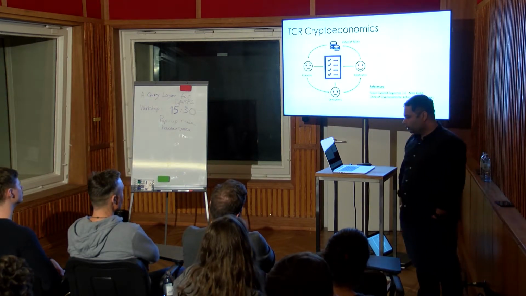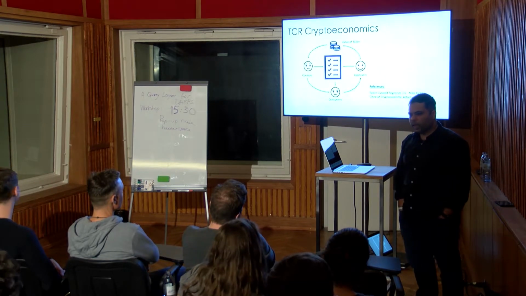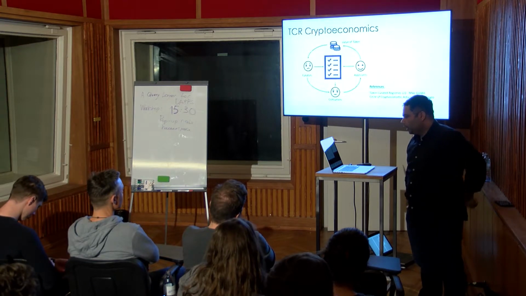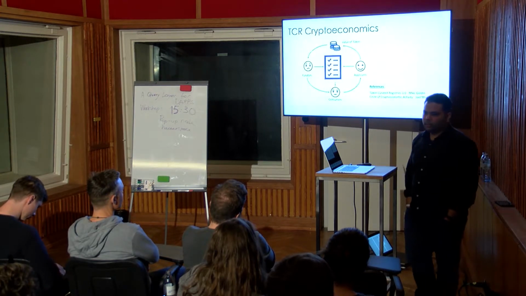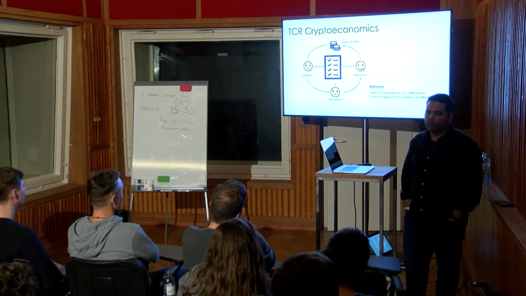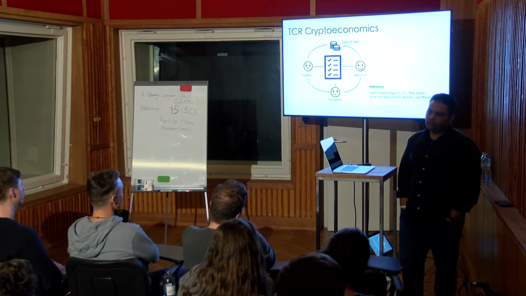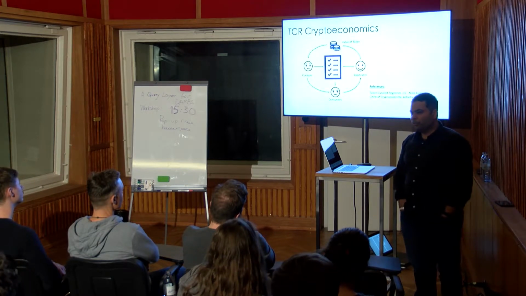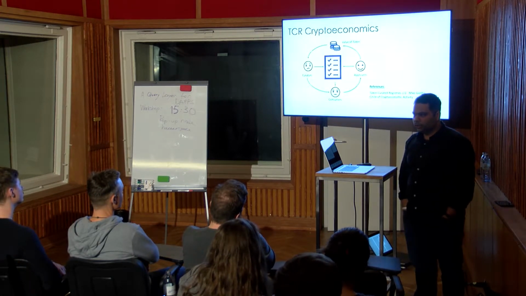Primarily we have three different actors in a token curated registry scenario. We have the applicants, who are the people who would like to propose that something should be on the list. We then have curators, who may or may not choose to challenge these items on the list.